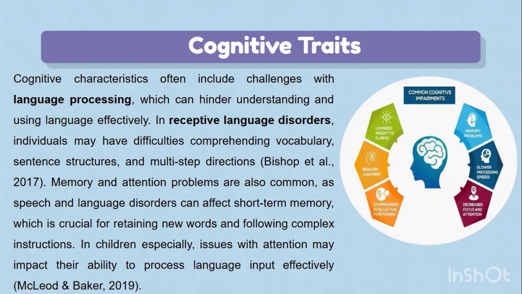Memory and attention problems are also common, as speech and language disorders can affect short-term memory, which is crucial for retaining new words and following complex instructions. As we can see here in this picture, reduced judgment, compromised intellectual functioning, decreased focus and attention, and memory problems are common cognitive impairments.